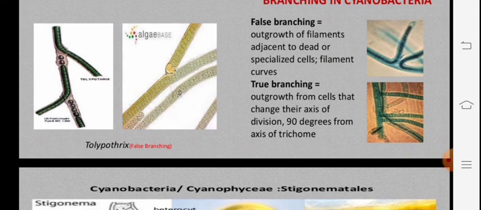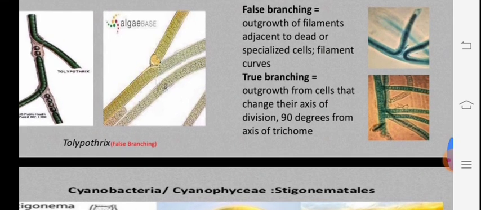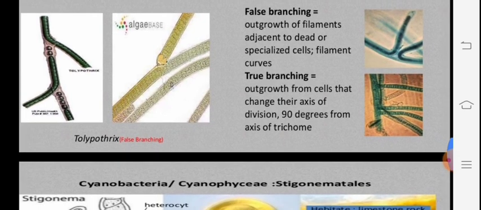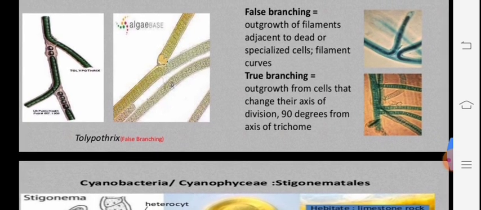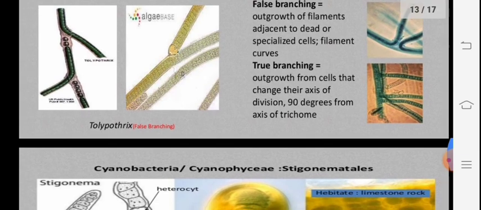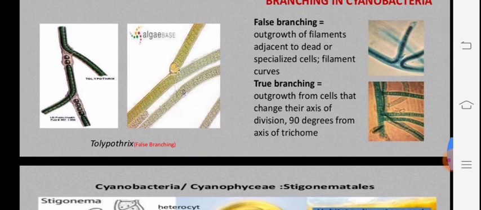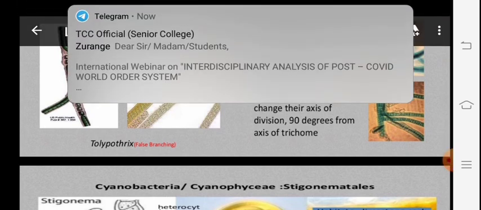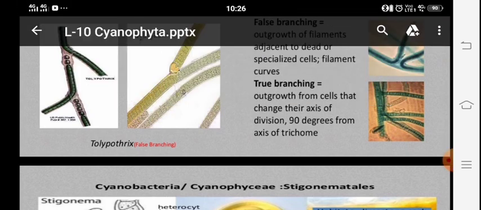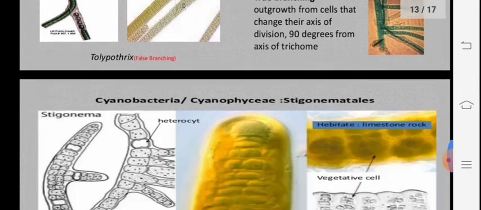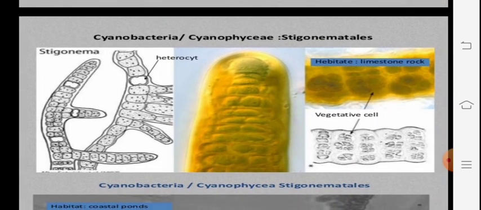And in true branching, outgrowths of the cell that changes their axis of division at 90 degrees from the axis of trichome. So this is one good example in the Tolypothrix. This left hand side genus is the Tolypothrix. So go through it.